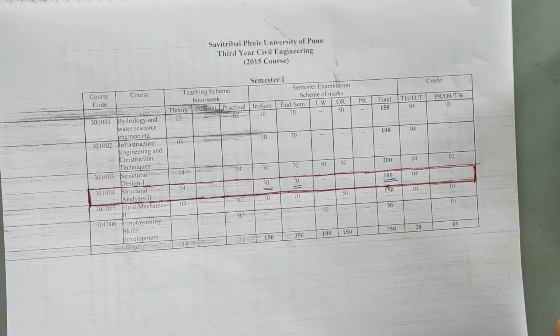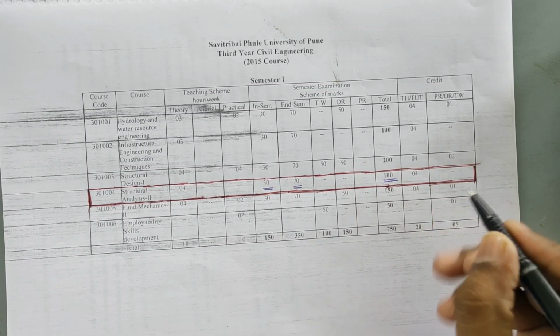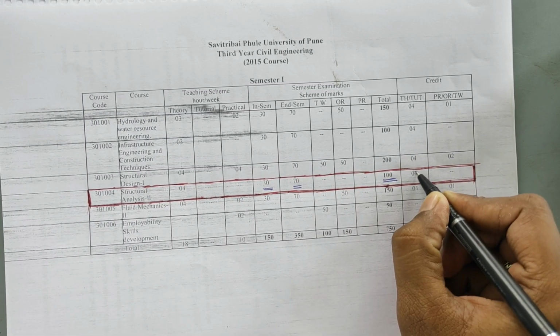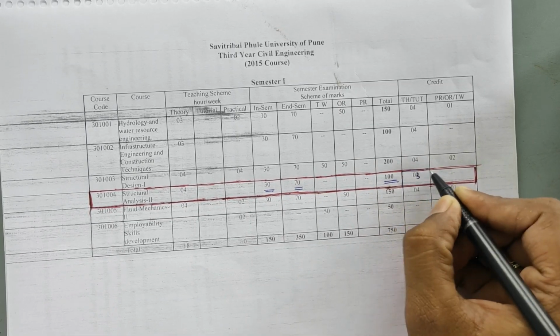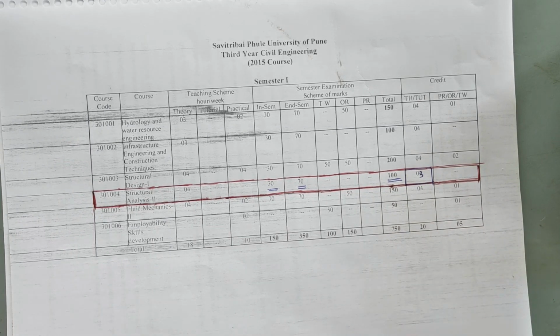This subject does not carry any type of practicals or any type of submission work to you, and total credit for this subject is equal to 3. So remember, the total credit for this subject will be equal to 3.